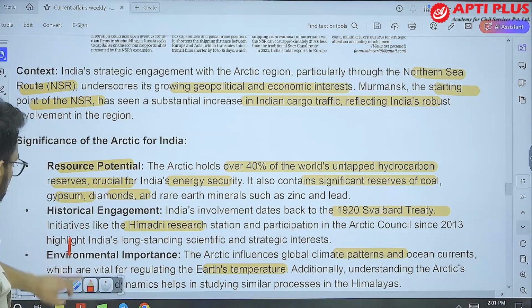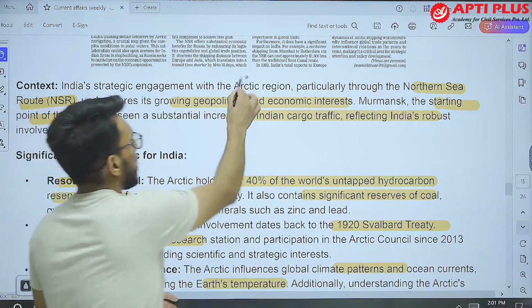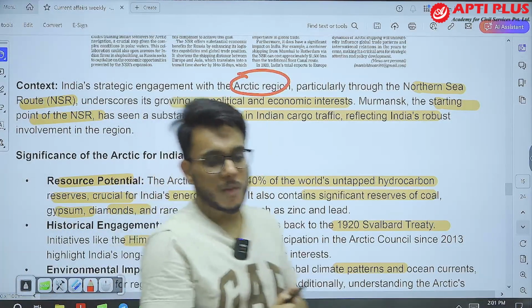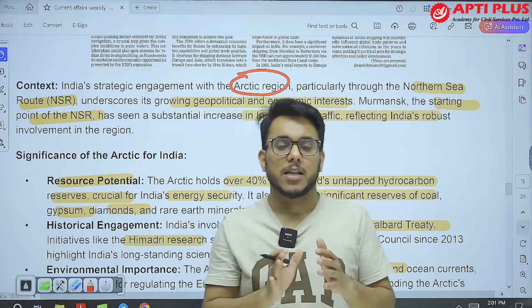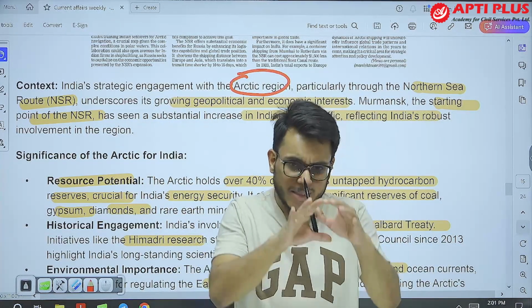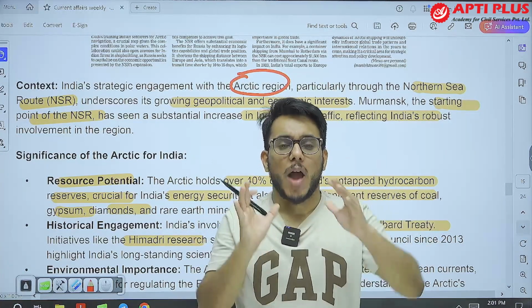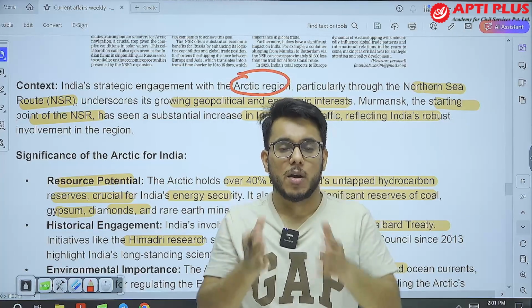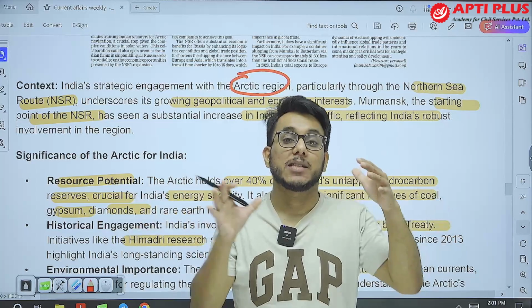Now, first of all, guys, the Northern Sea Route will pass through the Arctic region. The Arctic region has been under ice, but now as global temperature is going up, the ice in the Arctic region is melting.